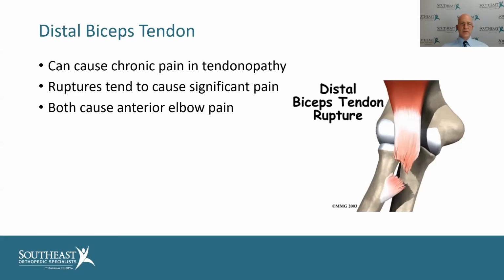It's usually doing something quite physical with the elbow fully extended or bearing greater weight on our arm, as if we were carrying a couch and our partner decided they were going to drop their side and you got the whole couch at the same time. Ruptures tend to have significant pain and cause anterior, or front of the elbow, pain and swelling, which again is usually immediate and usually quite traumatic.